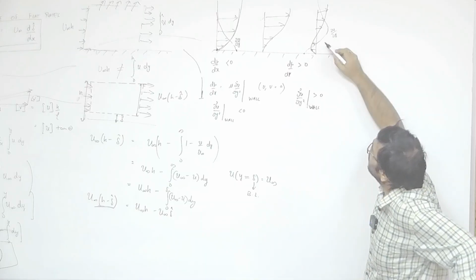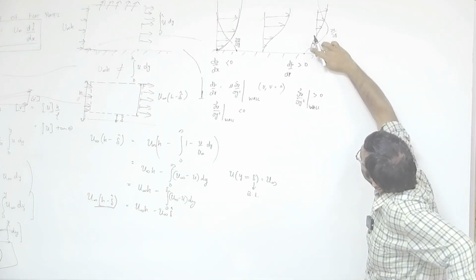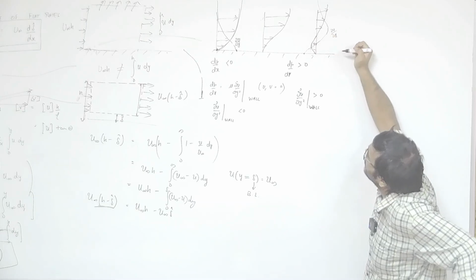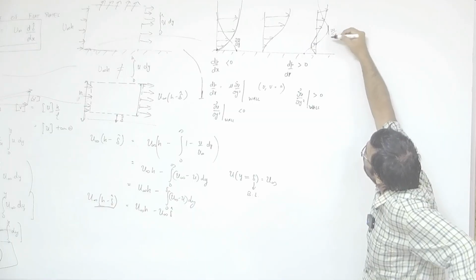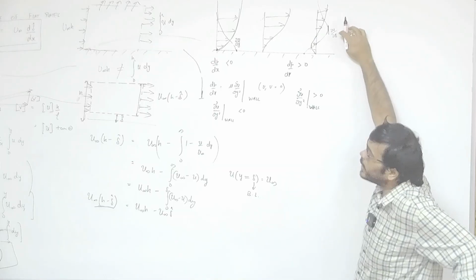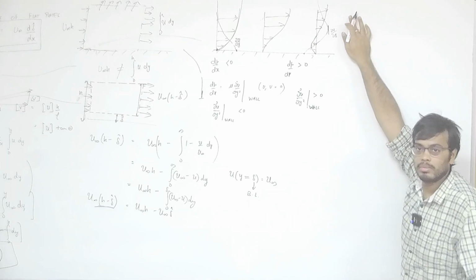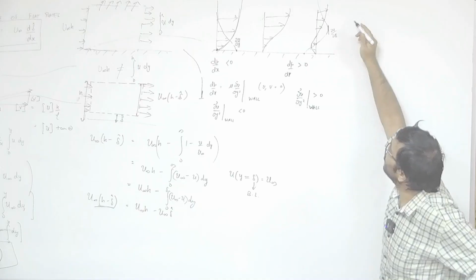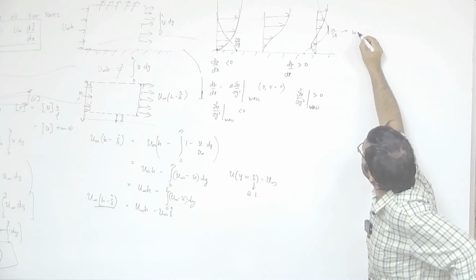There is a point where del u by del y is 0. Technically that should be somewhere here, and there is a point where del u by del y has a maximum. So del squared u by del y squared is going to be 0 here, and these kind of points are called what? Inflection points.